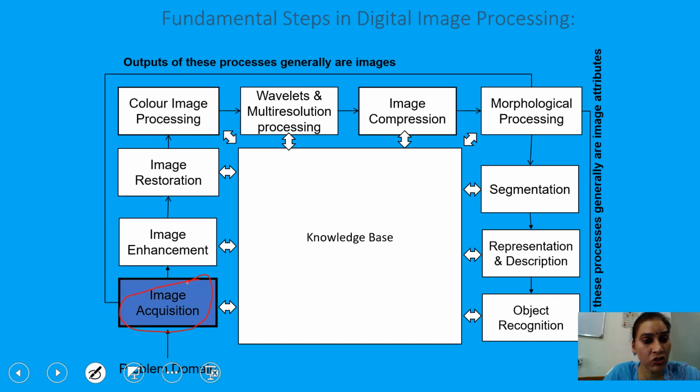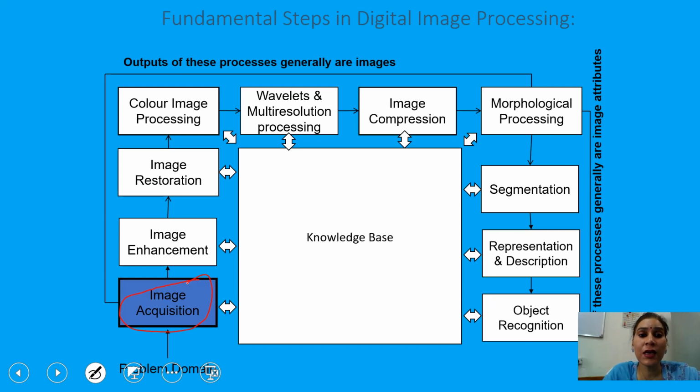Then color image processing, where we discuss the different color models, such as the RGB color model, and all the processes we do on black and white or gray images, we do on RGB color images. Then the wavelet and multi-resolution processes, image compression, morphological processes, segmentation, representation and description, and object recognition.